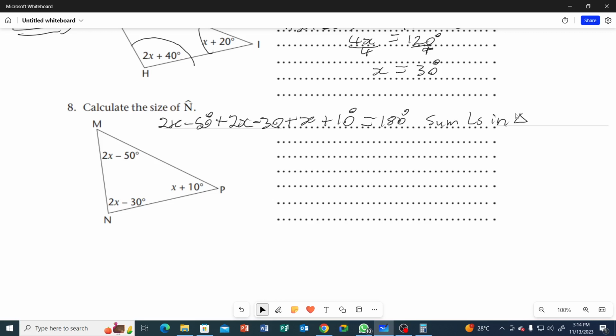Now you simplify. If you add all your x's together, you will notice that they will amount to 5x.